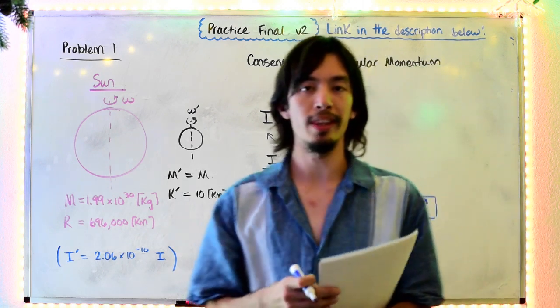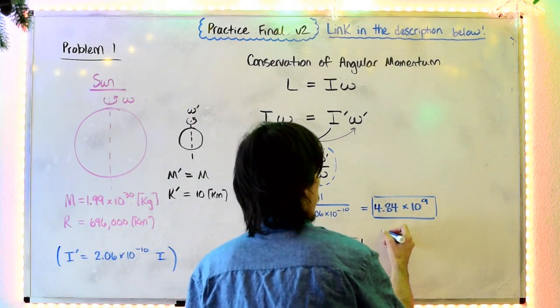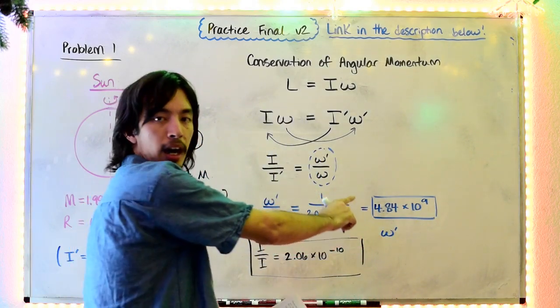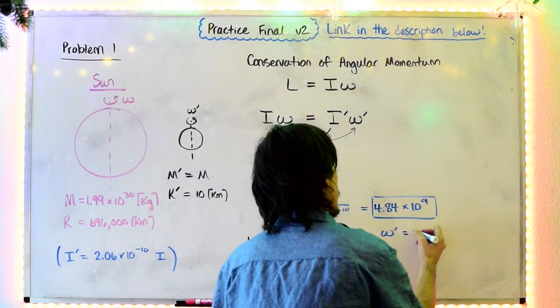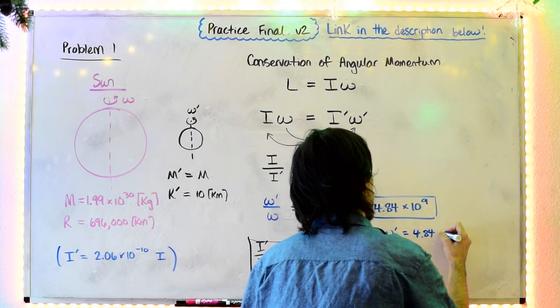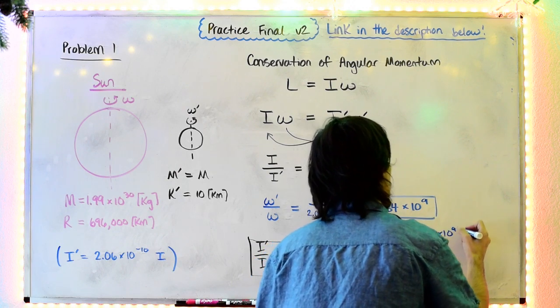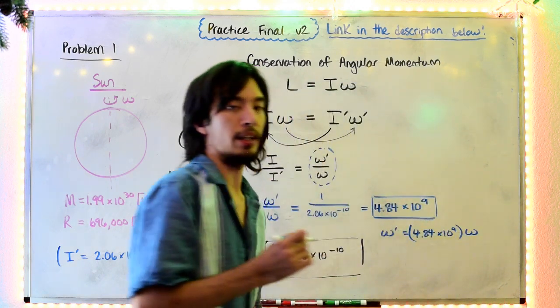In other words, the angular speed of the neutron star is 4.84 times 10 to the 9th times larger than the original angular speed.